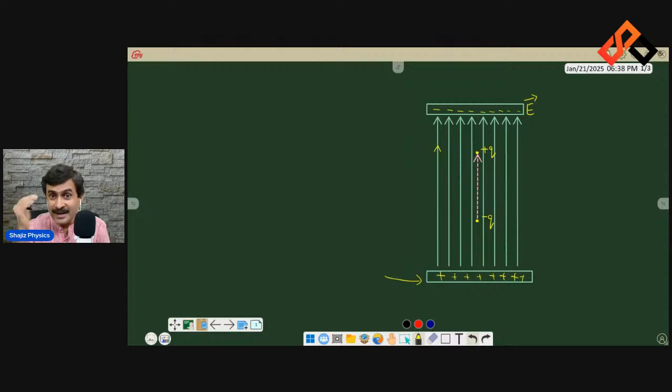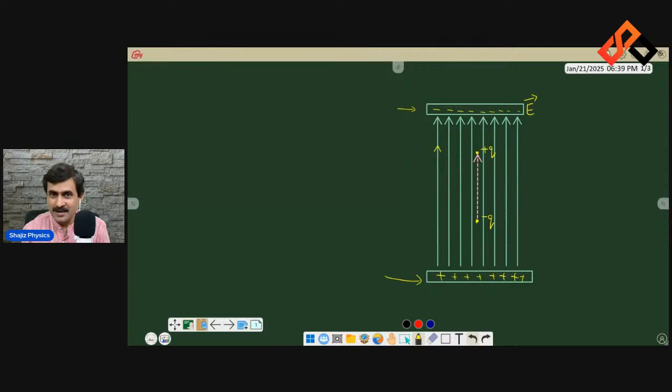In a similar way, whenever the negative charge is remaining closest to the positive plate, the attraction will be maximum, and on the negative charge, the repulsion due to the negative plate will be minimum. So this is the most comfortable position of the dipole when it is placed in an electric field.